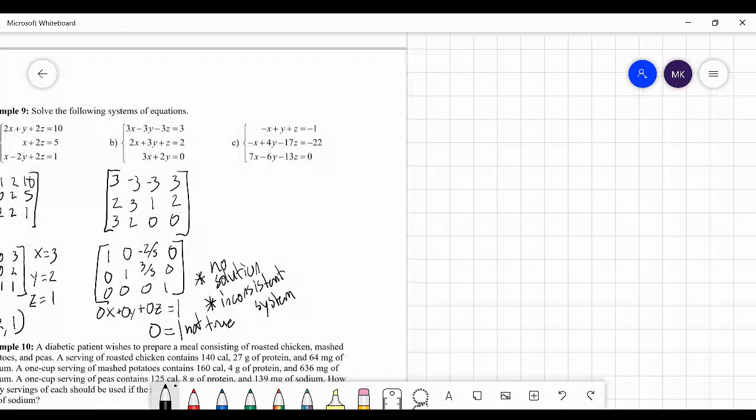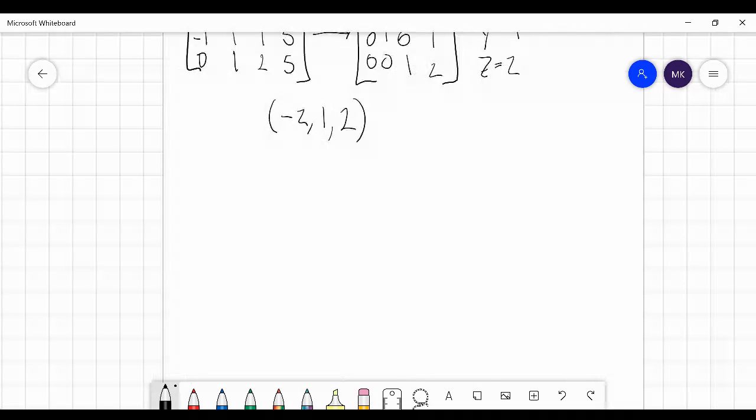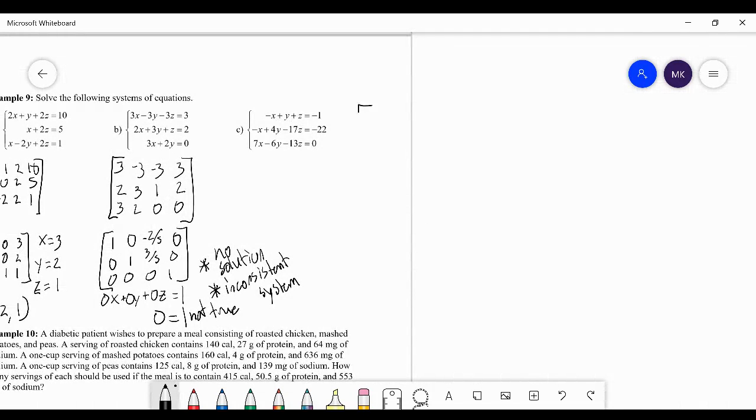Okay, part C. Again, augmented matrix. We get negative 1, 1, 1, negative 1, negative 1, 1, 1, negative 1, negative 1, 4, negative 17, negative 22, 7, negative 6, negative 13, 0.